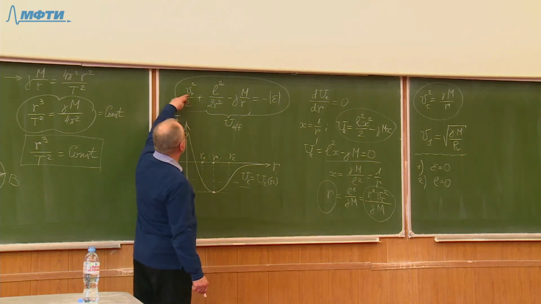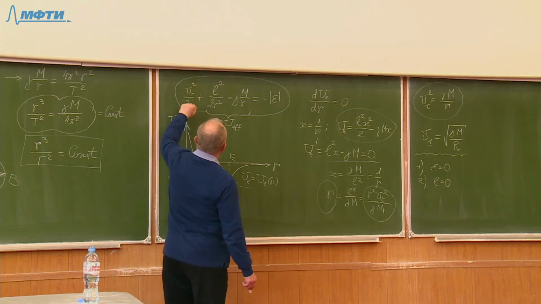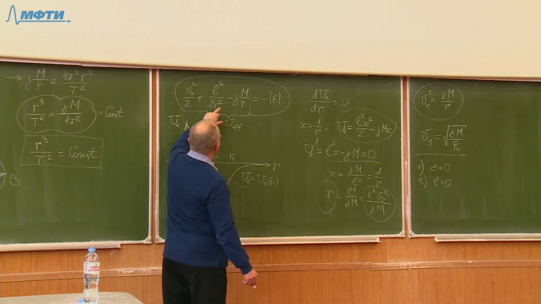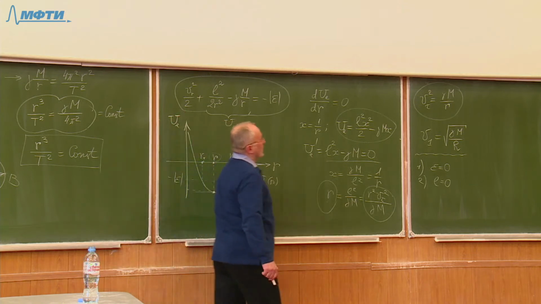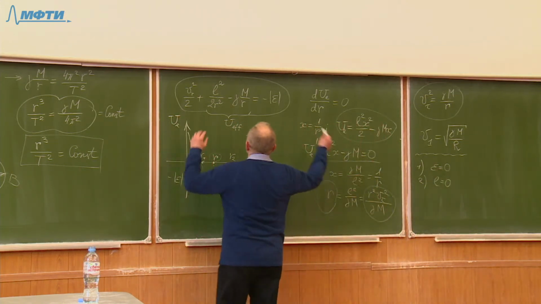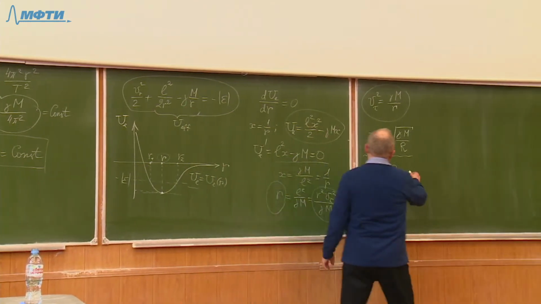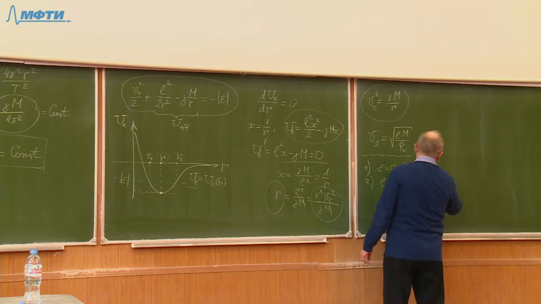tangential velocity. Radial velocity is taken into account by the first term here, and tangential velocity is taken into account by the second term in this formula. So if we apply these two conditions to this equation, we obtain that the first term is radial velocity squared over 2.